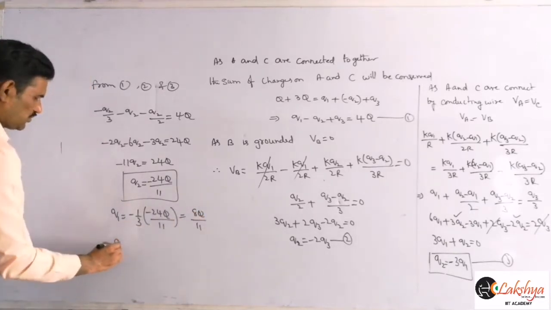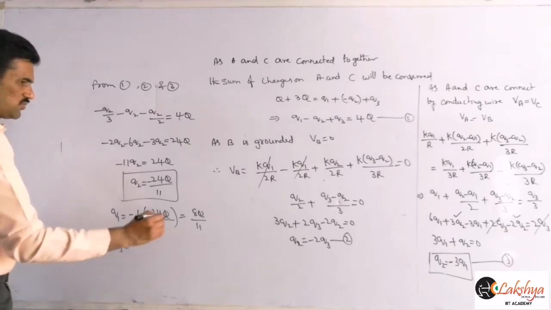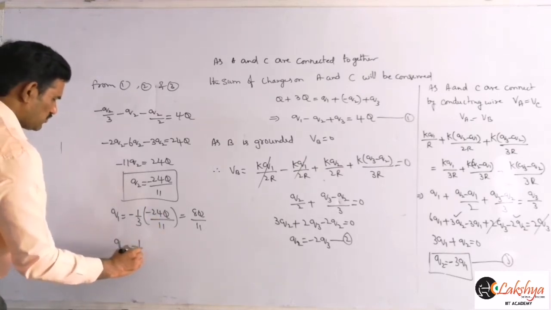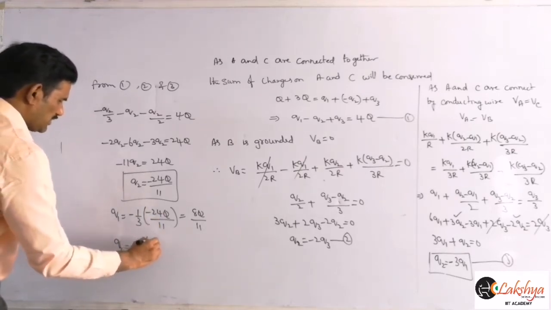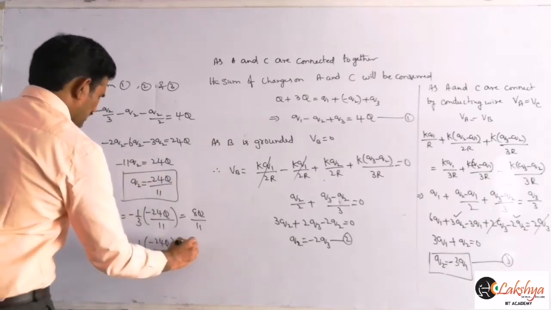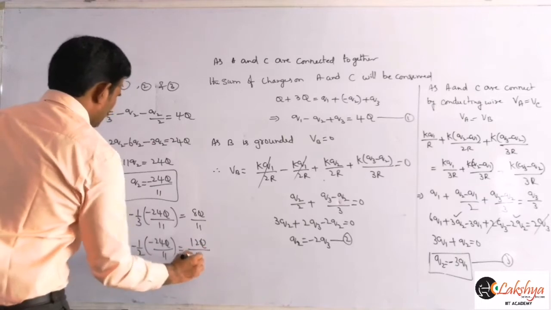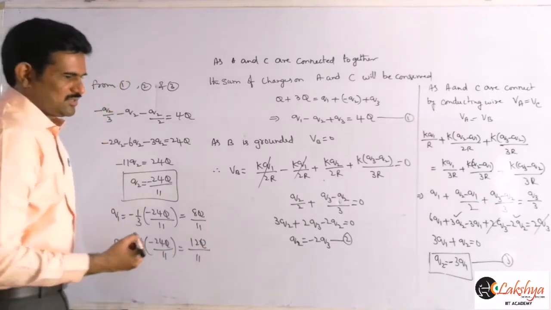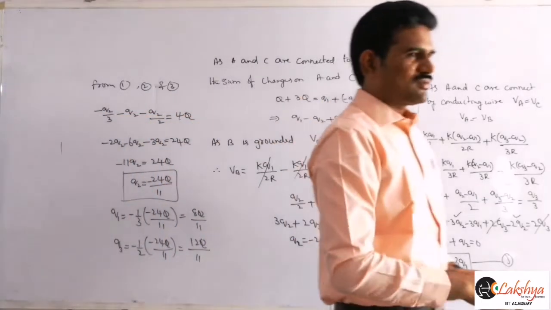And this Q3 value is nothing but minus 1 by 2 into minus 24Q by 11, so I can write this as 12Q by 11. So these are the charges Q1, Q2, Q3 values.